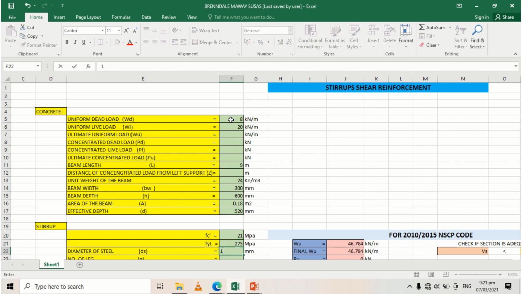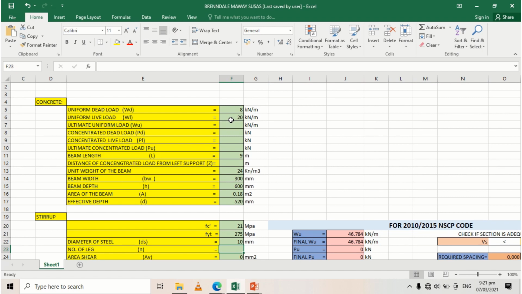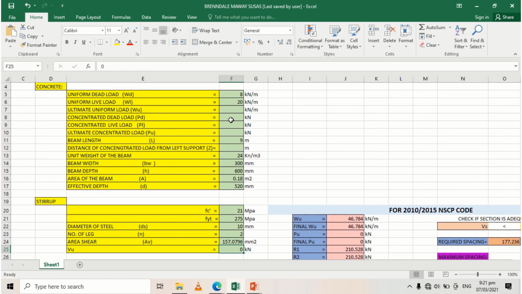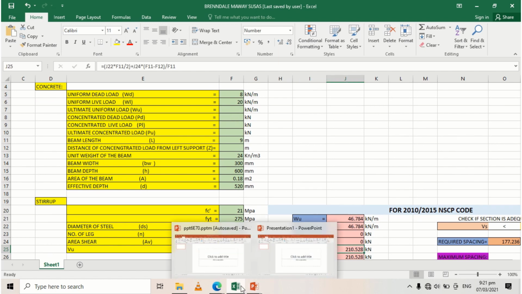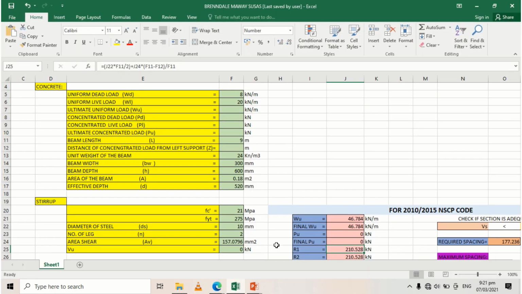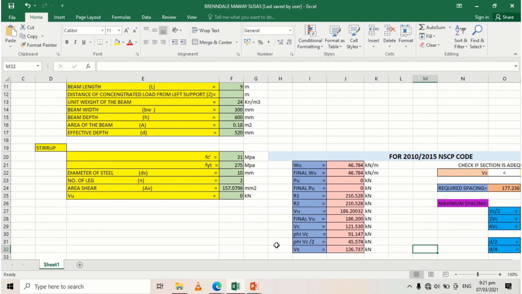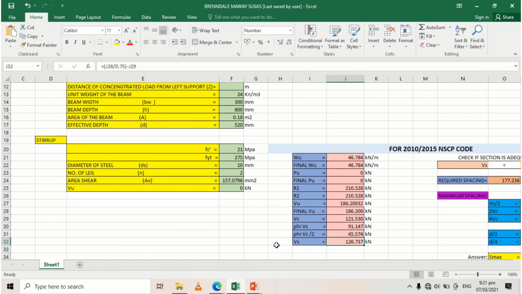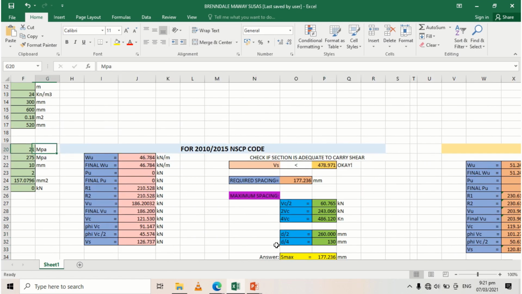Check natin mamaya. 10 mm yung diameter. Then, di siya nagbigay ng number of legs, so assume natin na 2. And wala ring VU, so calculated yung VU dito. Check lang natin yung given. Okay. Ayan, ito yung mga calculated values niya.